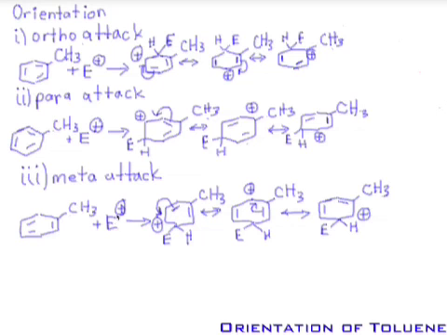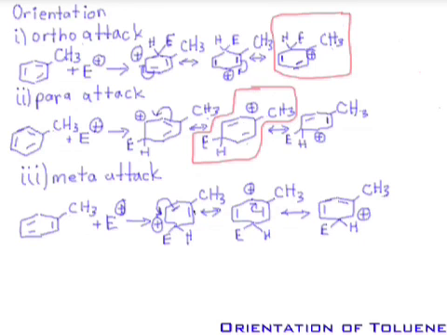But what's interesting and what's different is if you look closely. Again, in ortho and para, the positive charge ends up next door to the methyls in these structures. Here for ortho, and here for para.